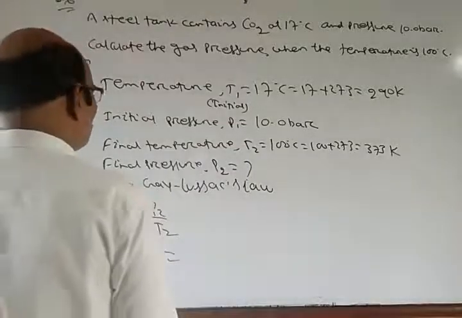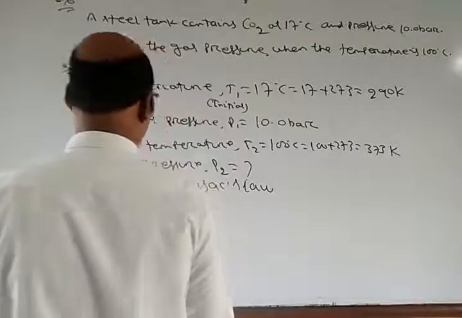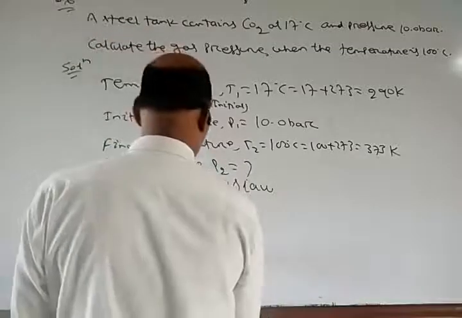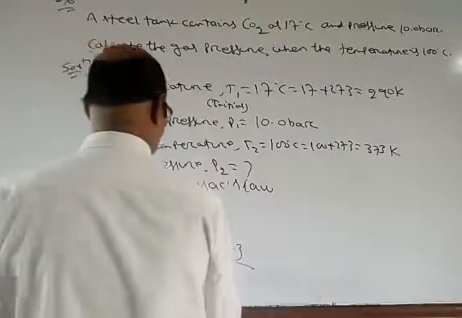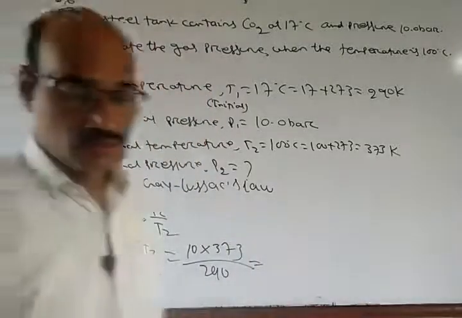So P1 is how much here? 10.0 bar into T2 373 by T1 290 is equal to, get the answer.